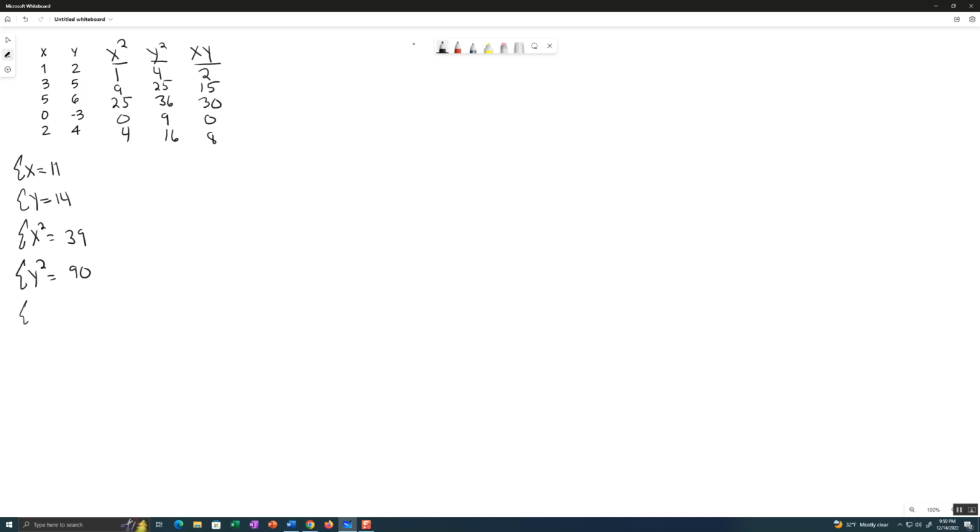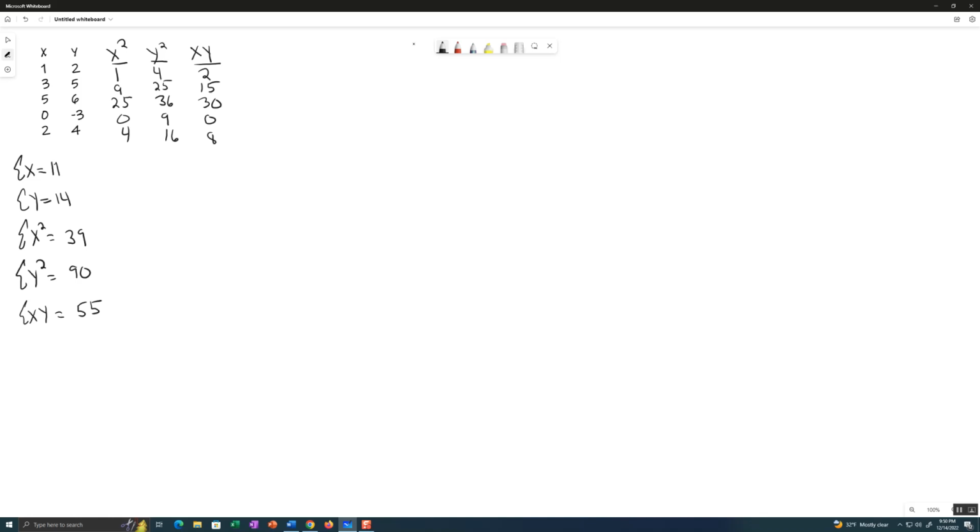And then the sum of XY here. So I'm just finding the sum of all 5 columns, 17, 47, 55. And that's what I have so far. Looks about right.